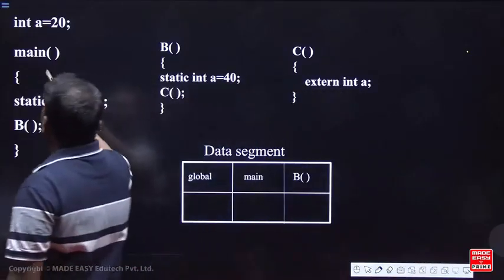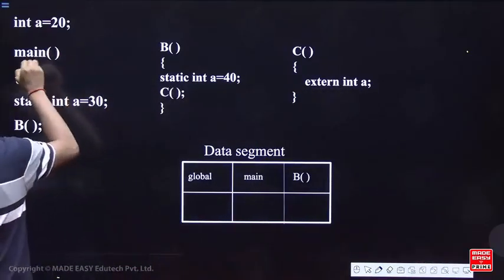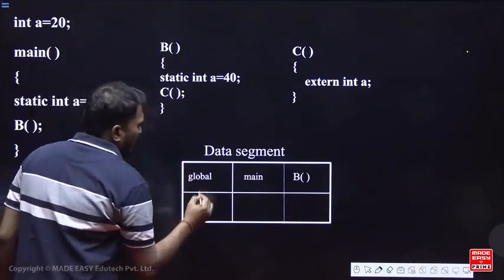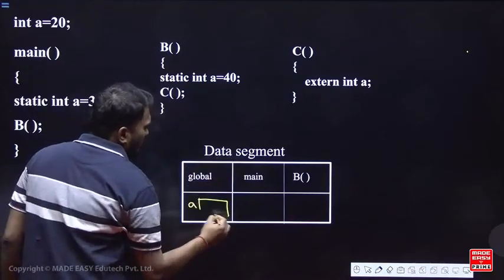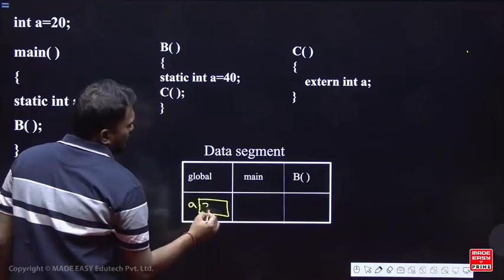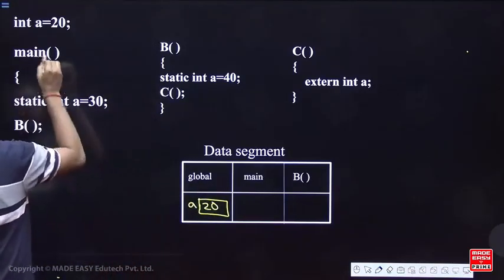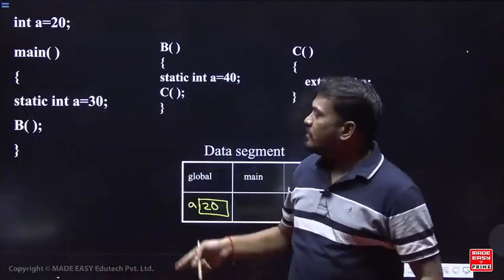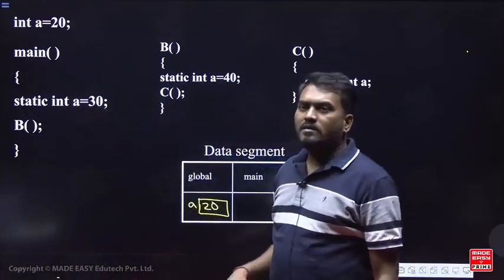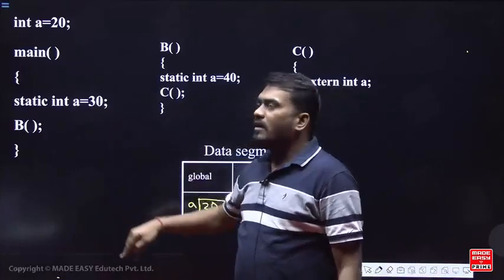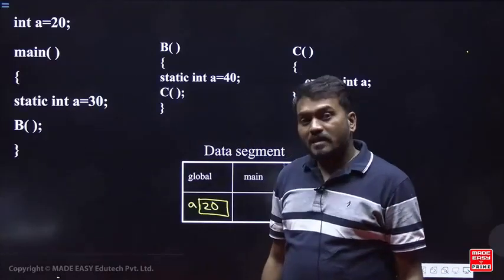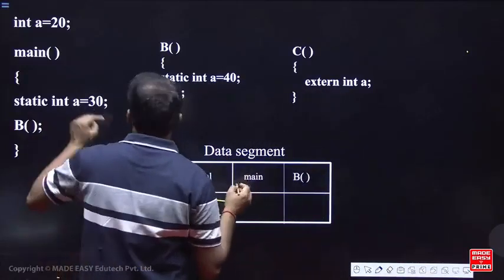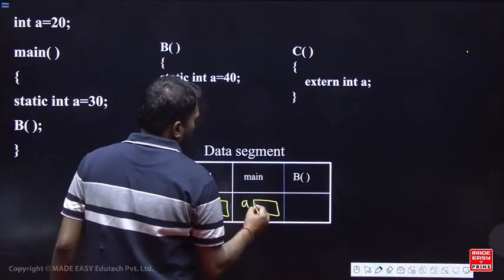The global variable has a separate data segment, and it has variable a, initialized with 20. And the main function also has a static variable, also named a. This variable a will be stored in the data segment of the main function, and it is initialized with 30.